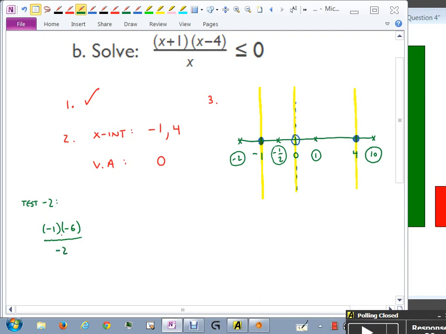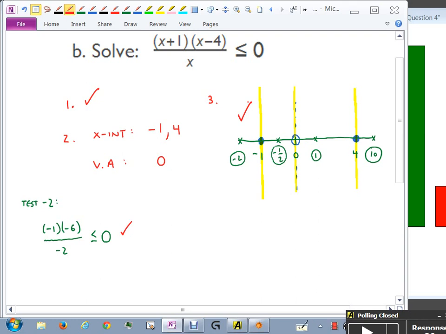You could do positive, but only because it's factored. So I get a positive on top, I get a negative on the bottom. Is that less than or equal to 0? Because that's what I'm checking, right? Well, this will be a positive divided by negative. That's negative. Negative numbers are less than 0. So this works, which means everything over here works.